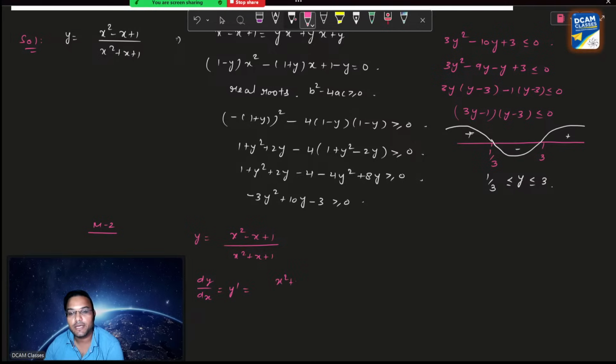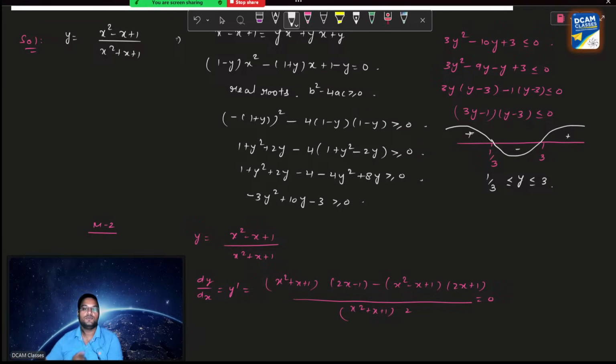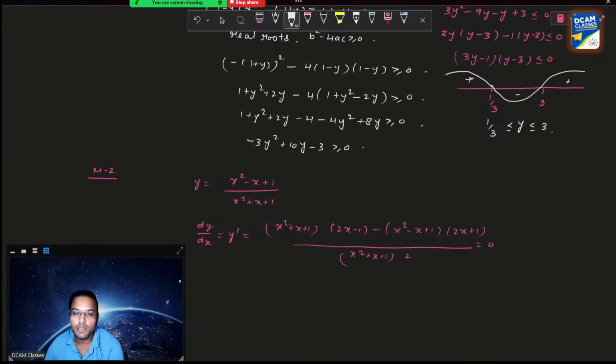It will be x square plus x plus 1 into 2x minus 1 minus x square minus x plus 1 into 2x plus 1 divided by x square plus x plus 1 whole square. And you make it equal to 0. Why? Because you want to find the possible values of x where it has maxima or minima. So this is step 1. This method was taught to you.